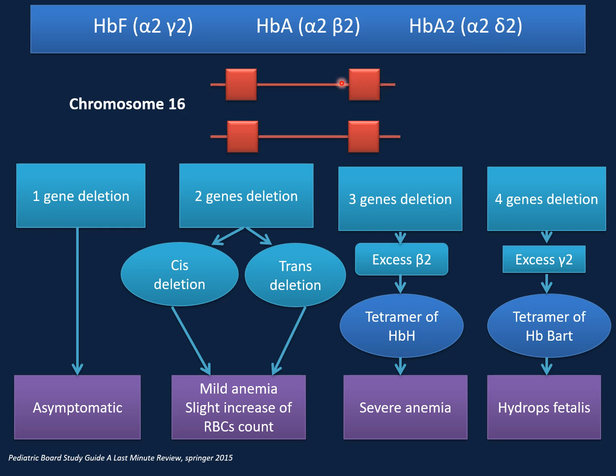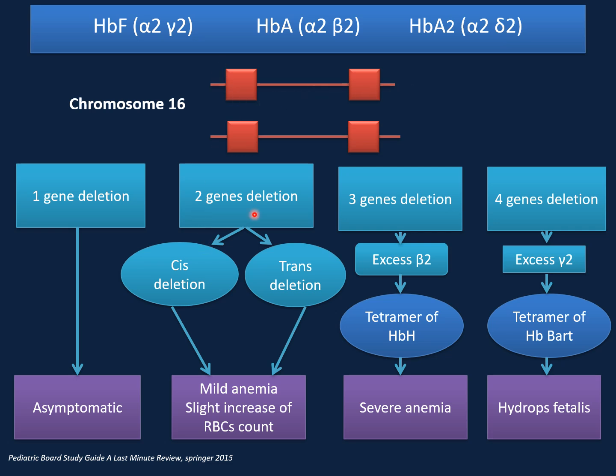The severity of the symptoms of alpha thalassemia depends on how many alpha globin genes are deleted. For example, if you have one deleted, it will not affect the production of alpha 2 too much, and these patients are asymptomatic. If you have 2 deleted, this will cause more decrease in alpha 2. They may develop anemia, but asymptomatic or mild anemia.